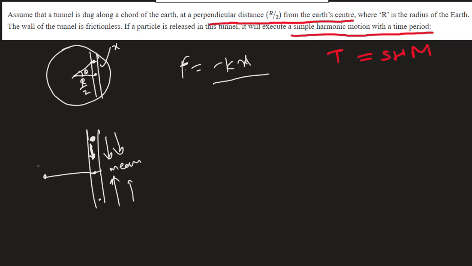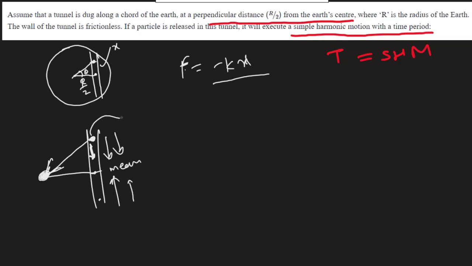So how do we find that restoring force? We know that this is the center of the earth, and we can easily find the gravitational force on this particle because of the earth's gravity.